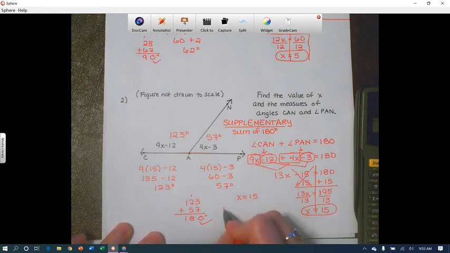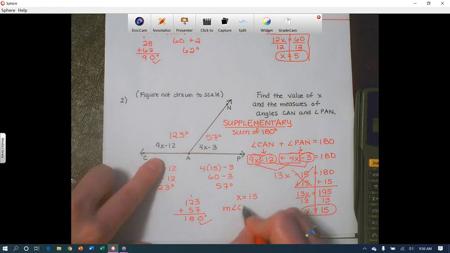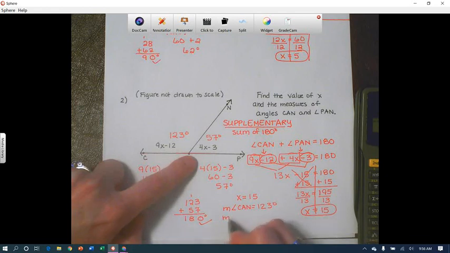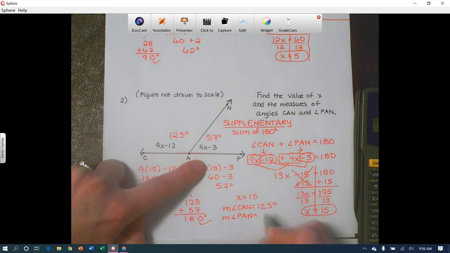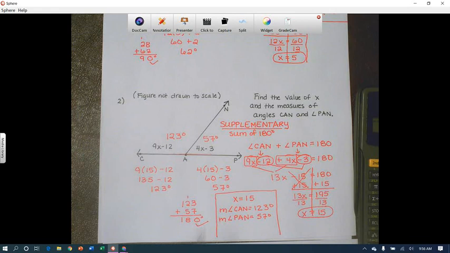The measure of angle CAN is equal to 123 degrees. And I know the measure of angle TAN is equal to 57 degrees. That's my final answer, and I have double-checked that to make sure they do in fact add up to 180.